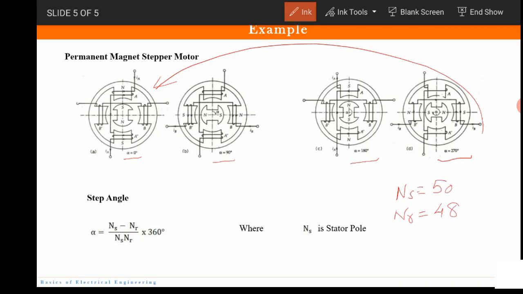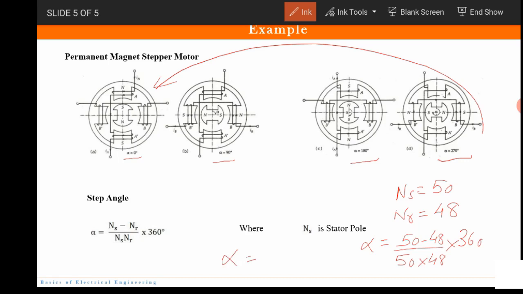My step angle, which could be represented as alpha or beta, becomes (50 minus 48) upon (50 into 48) into 360. Now you calculate what the step angle is for this.